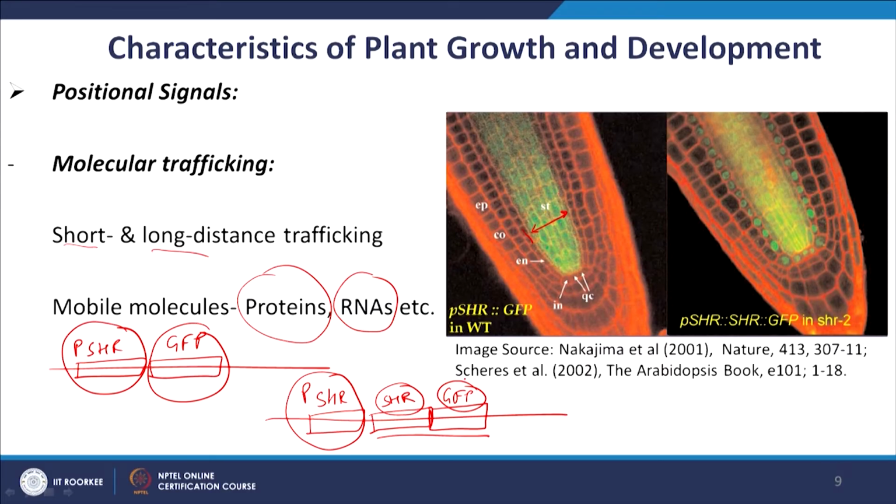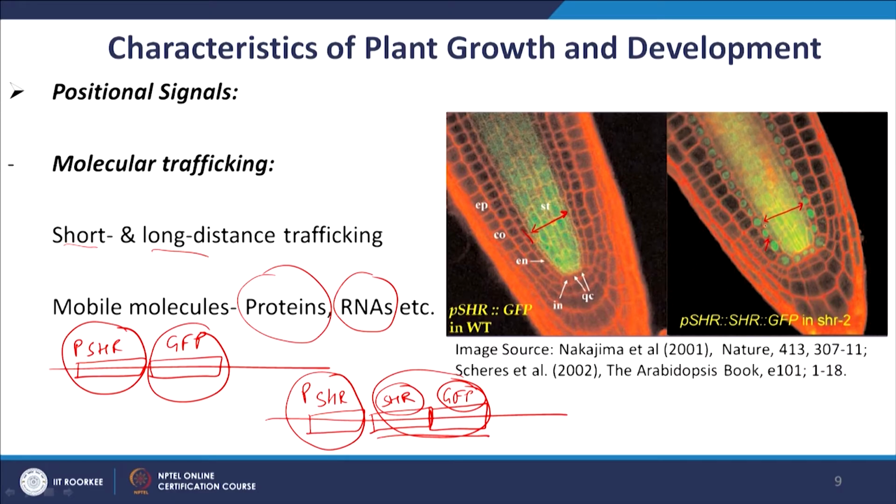But when you track the short root protein, the protein is present in the vascular tissue, but it is also present in the endodermis. This is very important. From where is this protein coming? Another interesting thing you can see here is that in the endodermis the protein is localized to the nucleus.